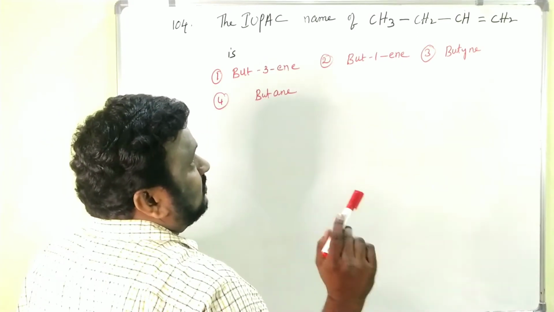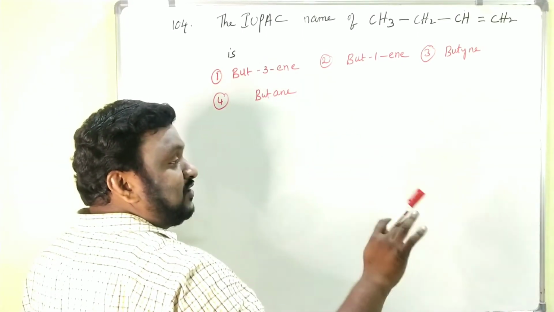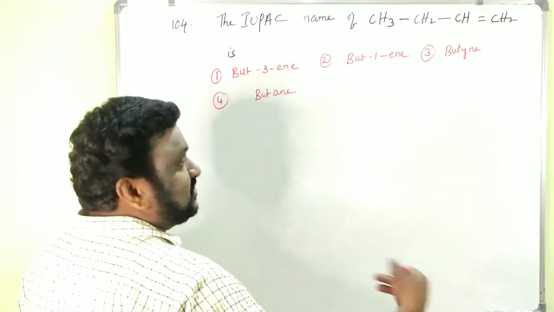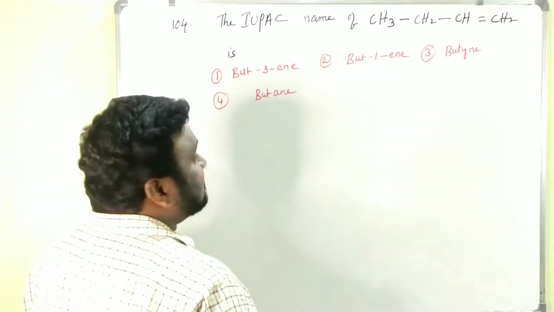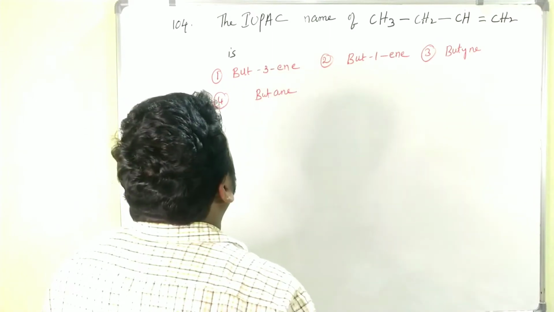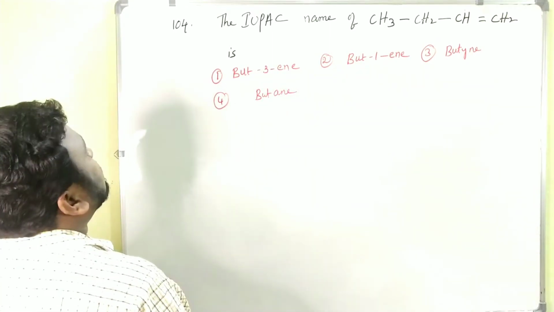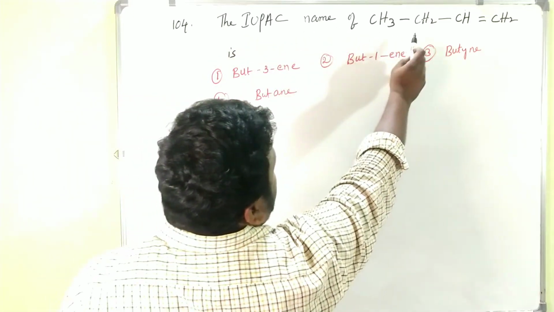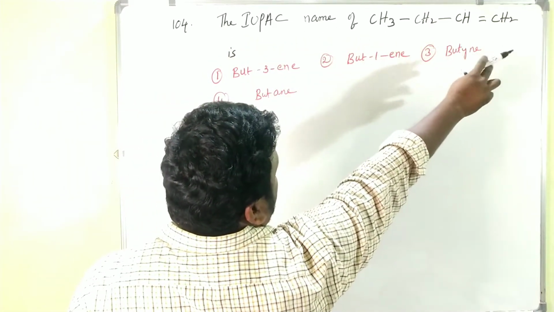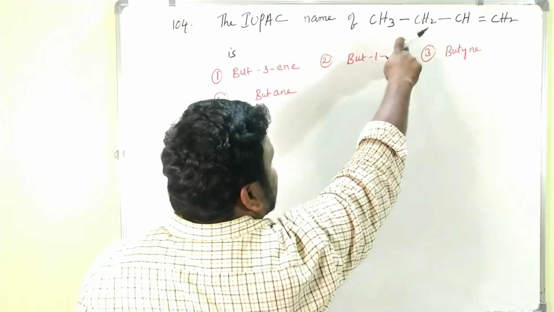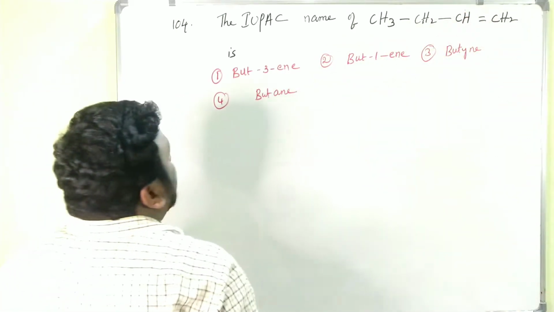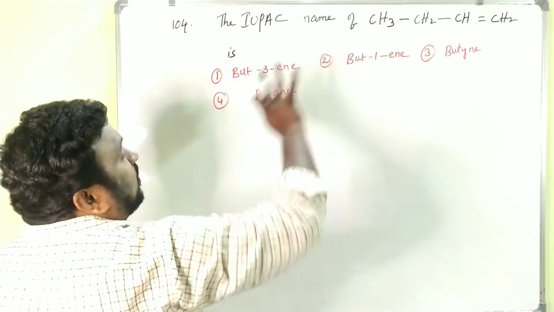Important question. For the 21-22 batch it is deleted syllabus, but in the future it may be applicable to coming students. That's why I'm going to explain here. Question is, the IUPAC name of CH3, CH2, CH double bond CH2. CH3 single bond CH2, single bond CH, double bond CH2, what is the nomenclature?